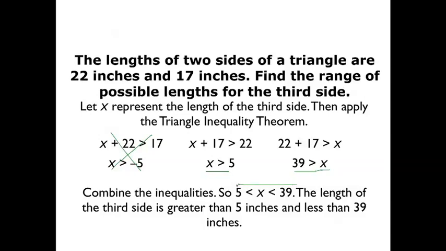So the compound inequality is between 5 and 39, which I was able to get by subtracting these 2 numbers, 22 and 17, and adding the 2 numbers. Pretty simple calculation. So for practical purposes, it's not a hard problem if I've asked you for the range. Add and subtract, and you're done.